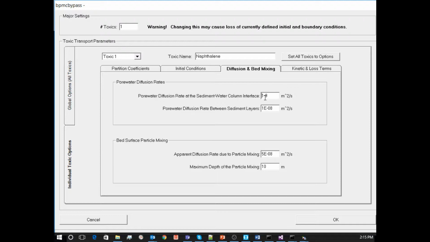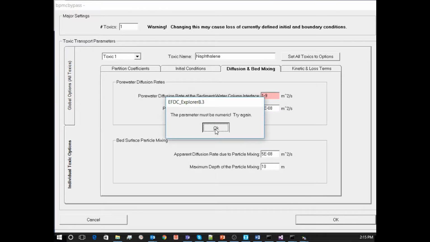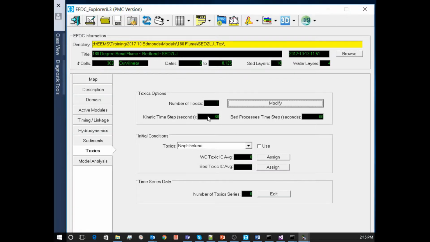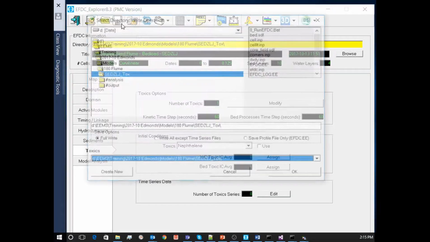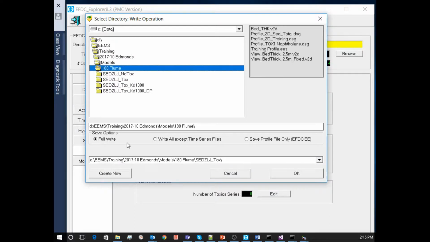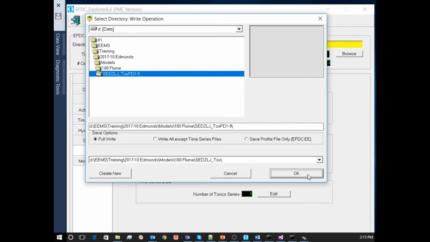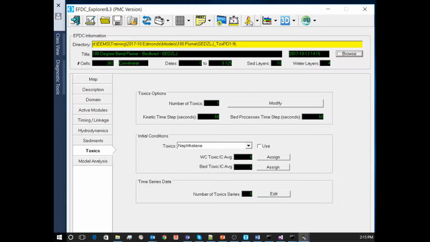Let's just try that one and see the impact. Save this out and run it.